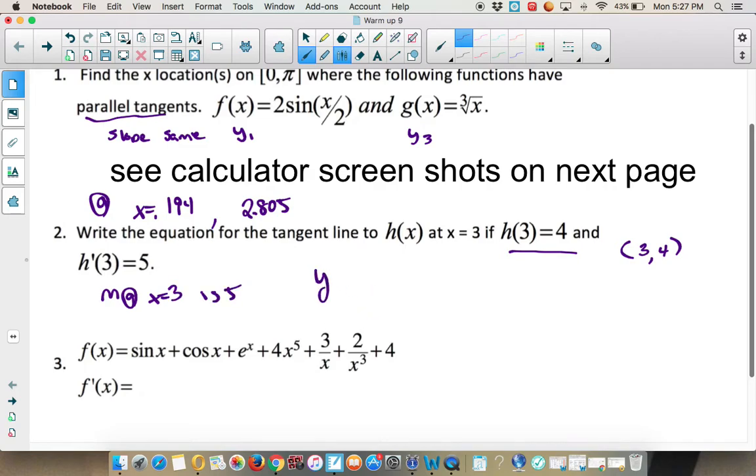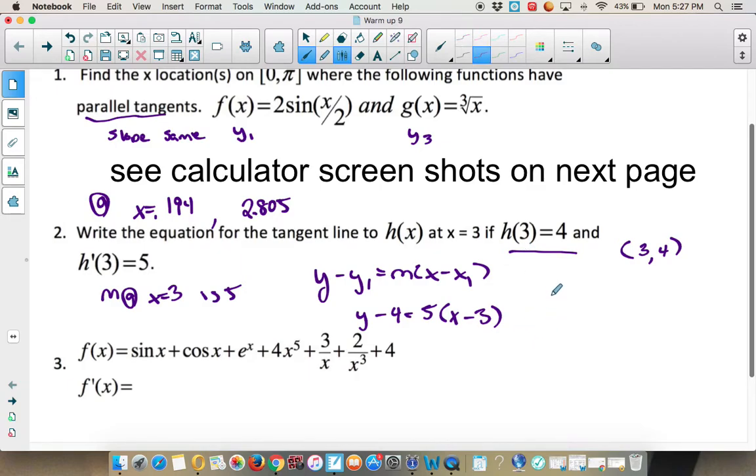So I can go to y minus y1 equals m times x minus x1, the greatest of all linear equations, and I can say y minus 4 is equal to 5 times x minus 3. Okay, and I actually don't have to distribute. I don't have to do anything. This is a perfectly acceptable answer on a test, on a calculus test, on an AP exam.